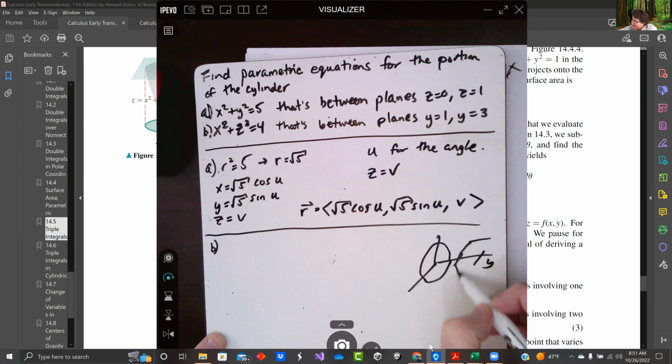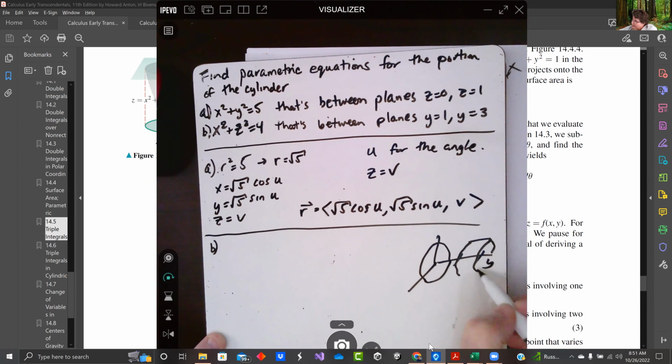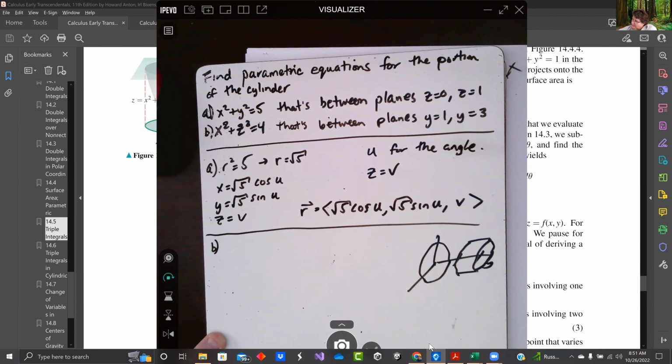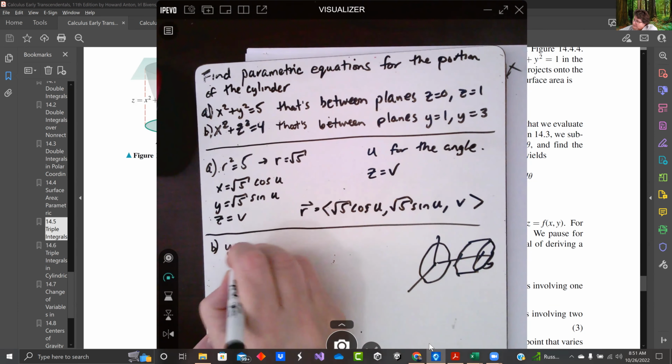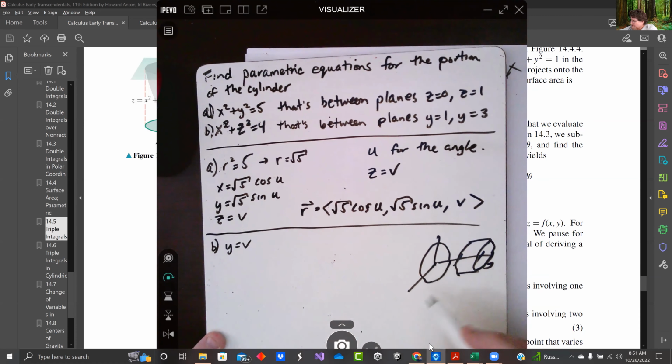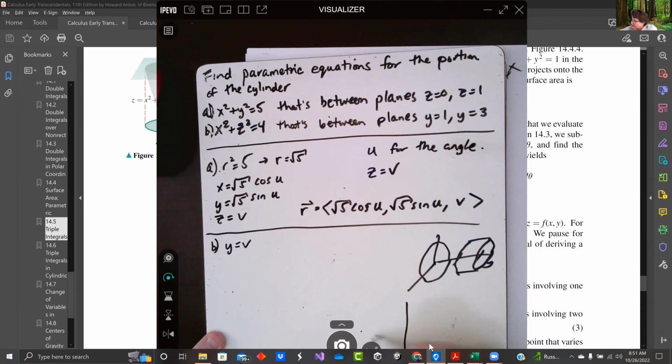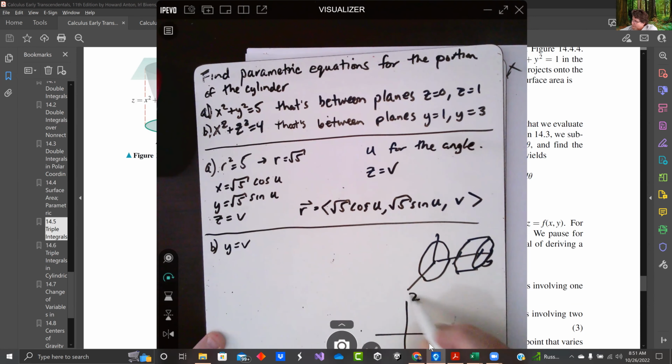So we have like this tube here. So maybe we can make the y equal V. We still got a circle. Let's draw that xz plane and see how we could parameterize it.